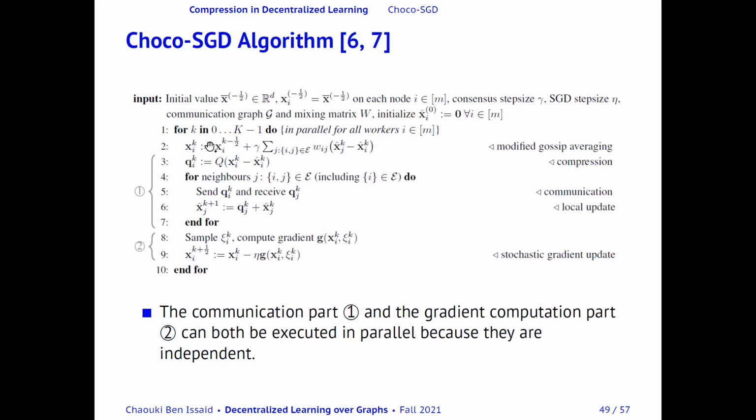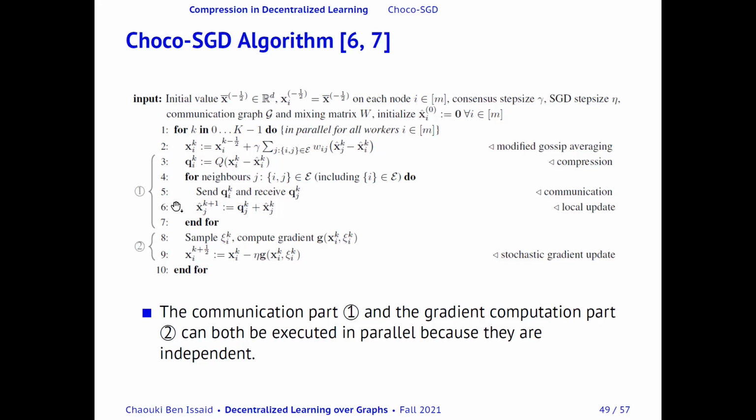In line 2, the algorithm runs in parallel for all nodes a modified gossip averaging step. Then we have a compression step in line 3, where the variable q_i is the compression of the difference between x_i and x_i hat. Then we have the communication part, where each worker will communicate with its neighbors, which happens in line 5.